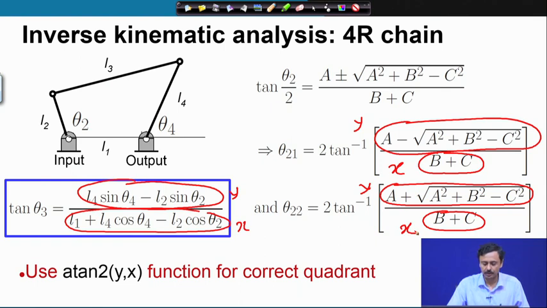So, arc tan 2 x comma y or arc tan y comma x. So, you have to figure that out in that software or in that programming language, but mostly it is A tan 2 the numerator comma the denominator.